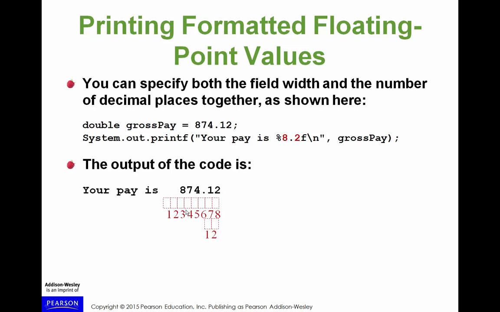So a total of 8 spaces, and make 2 of those to the right of the decimal point. So if you can imagine, if you had a bunch of numbers that were printed out basically one line after the other, if you're always ensuring that there's just going to be 2 spaces for your decimal places, then the decimal points would line up. And they would always be the same distance from the rest of the string as long as the total was less than 8 characters.